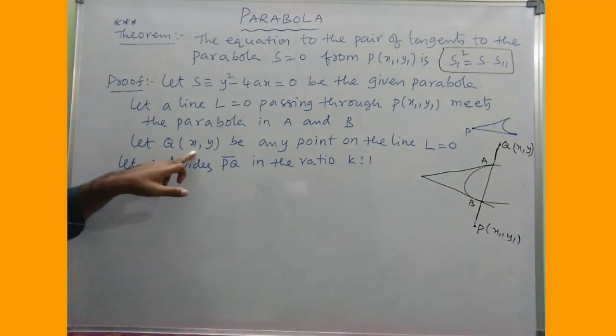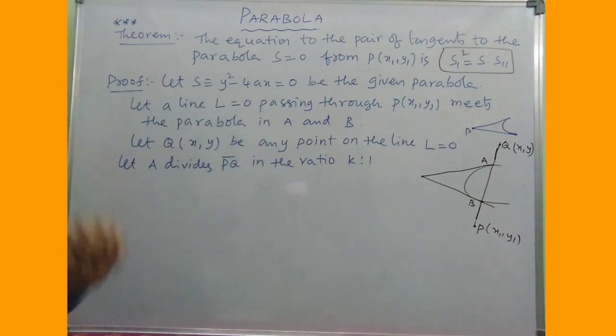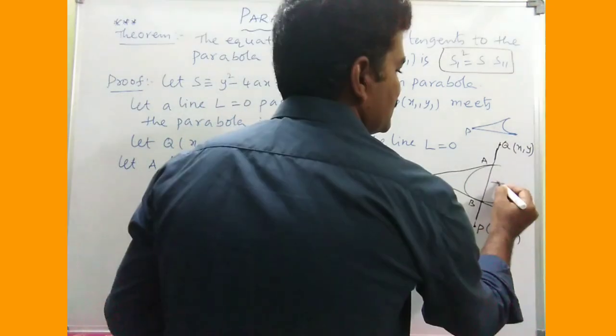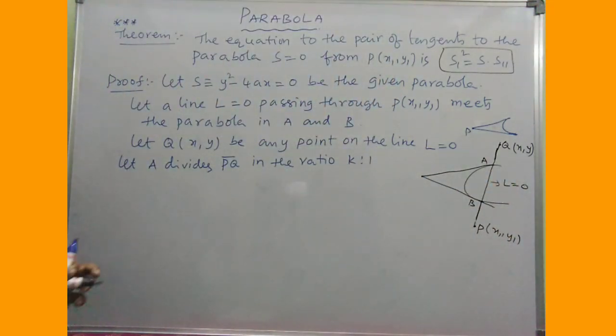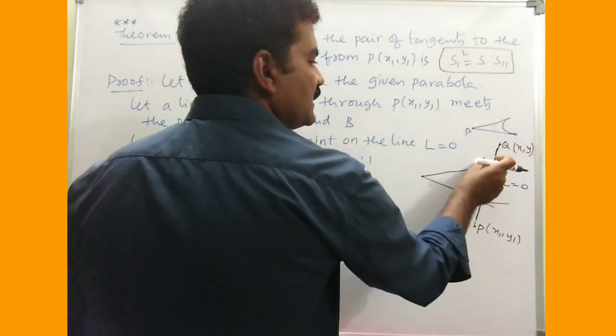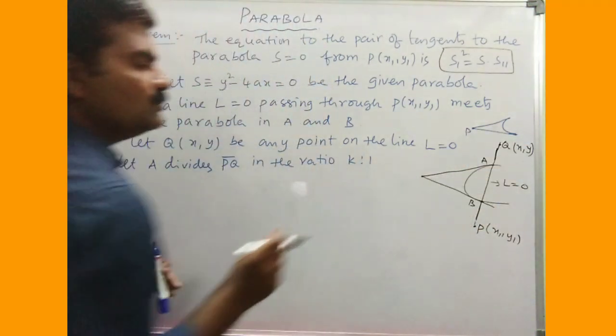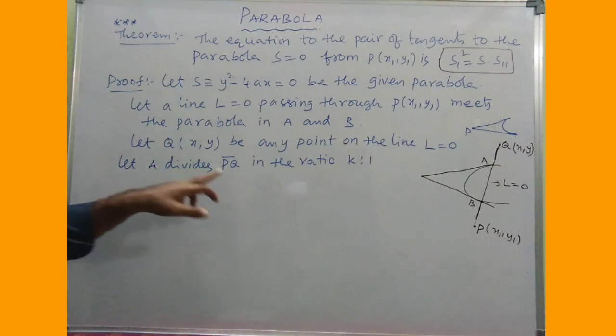So let Q(x, y) be any point on the line L equals 0. Since A is also a point on this line, now I want to know in what ratio A divides the line PQ. But actually we don't know. So when we don't know the ratio, can we proceed like this?